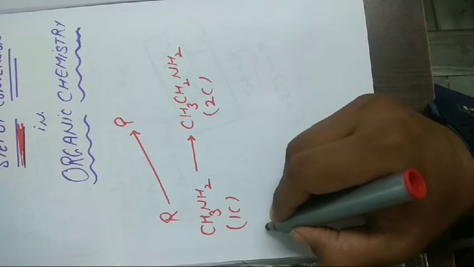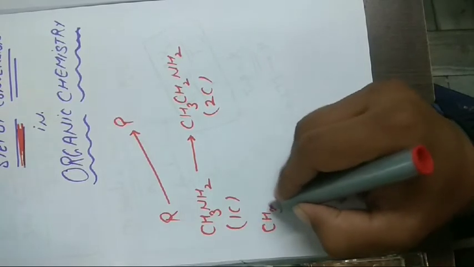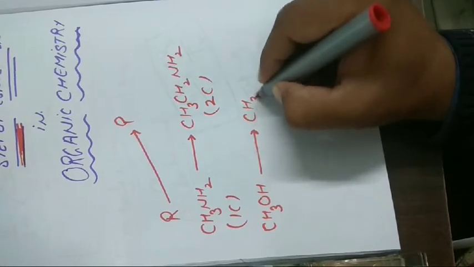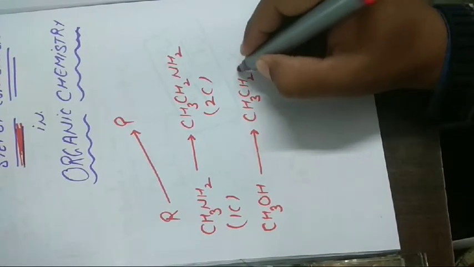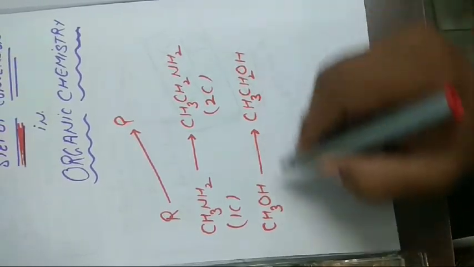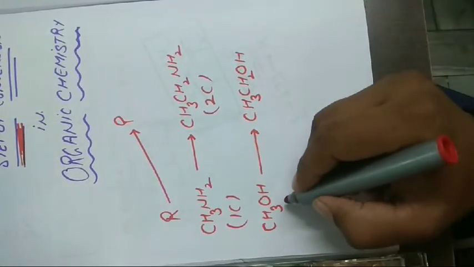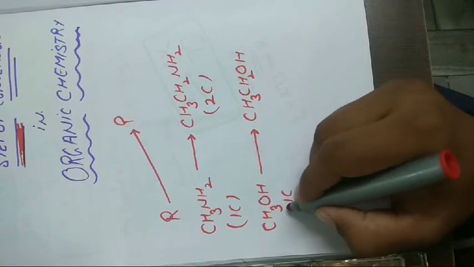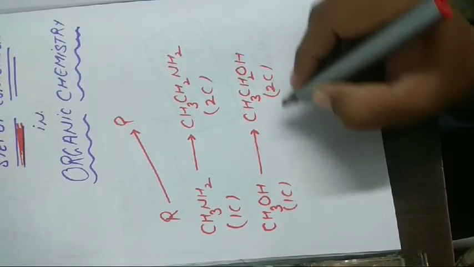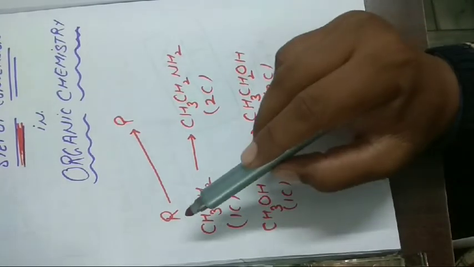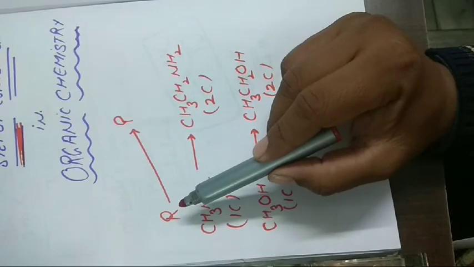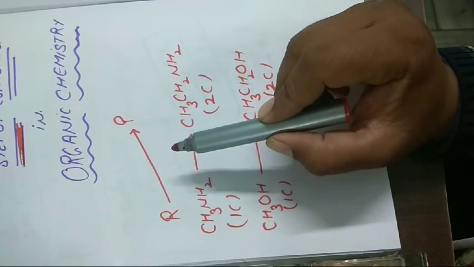Another example: if methyl alcohol CH3OH gets converted into CH3CH2OH, ethyl alcohol, that is another example of step-up conversion. Here, in methyl alcohol there is 1 carbon and in ethyl alcohol there are 2 carbons. So when the number of carbons in the product is more than the number of carbons in the reactant, that is called step-up conversion.